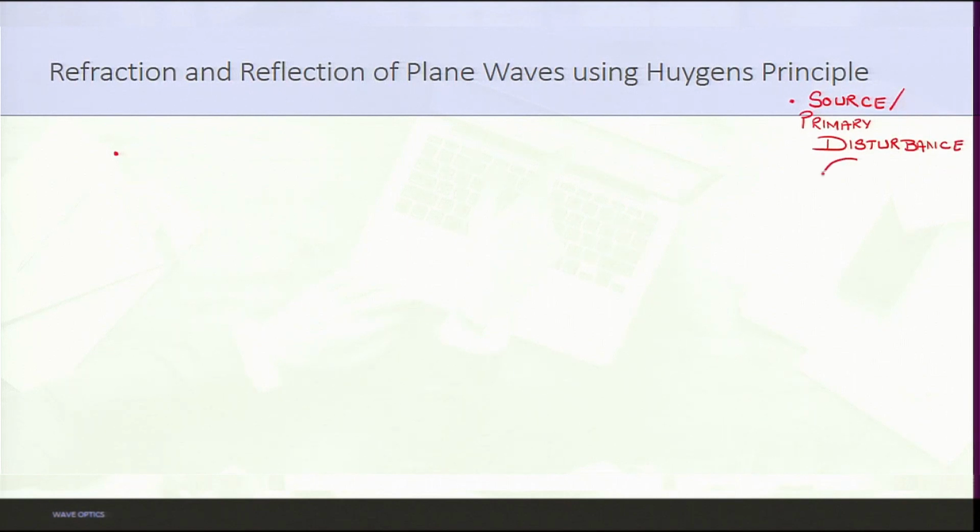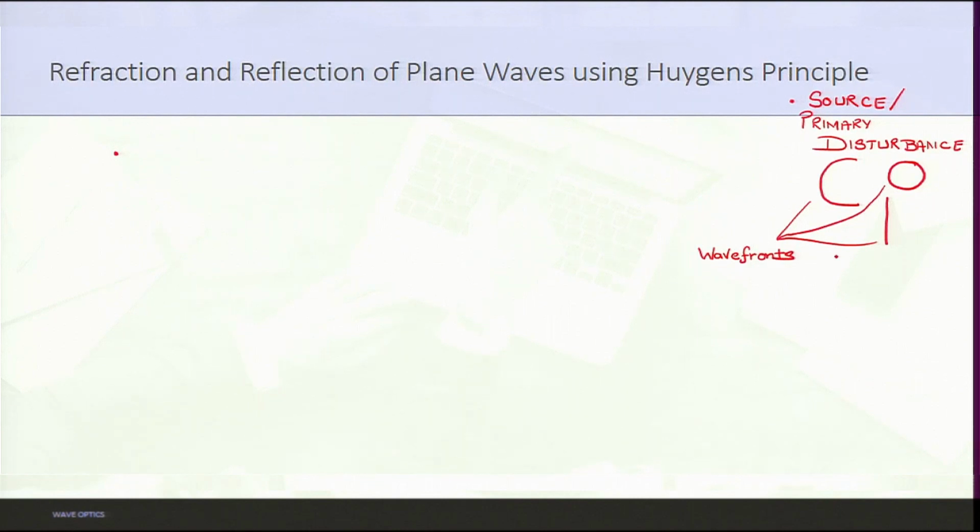And anything denoted by a curve, it can be a circle, it can be a straight line, all these particular things are nothing but wave fronts.